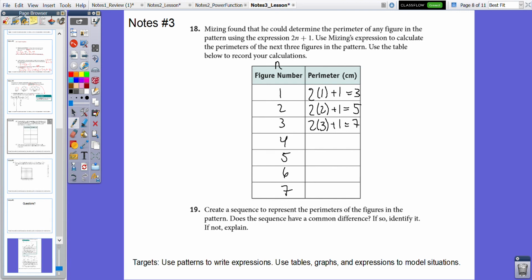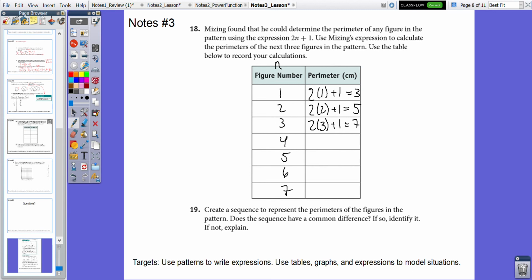So in this case, we're going to apply that to the next 4 figures without even having to draw them out and count out the perimeter ourselves. We're going to calculate the next 4 terms in the figure using Meising's expression.